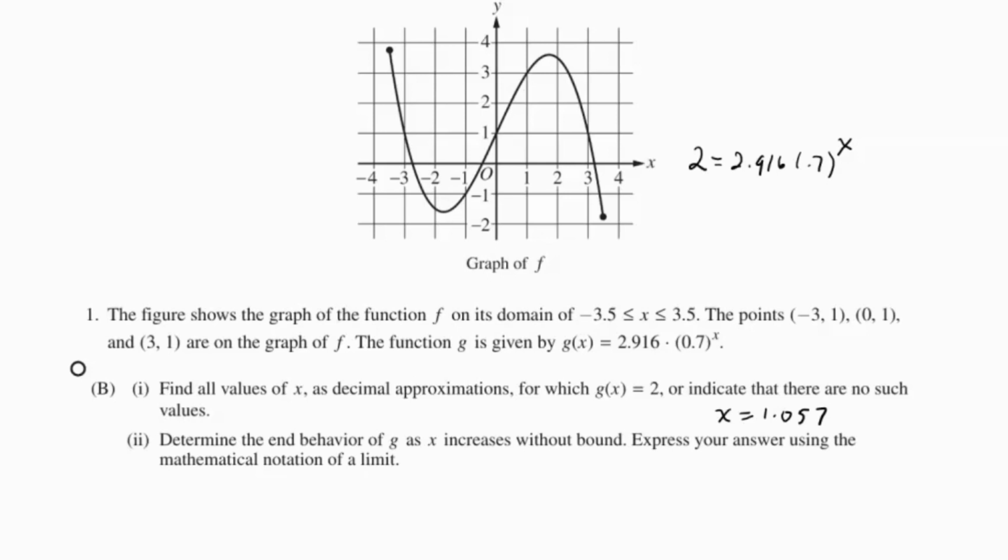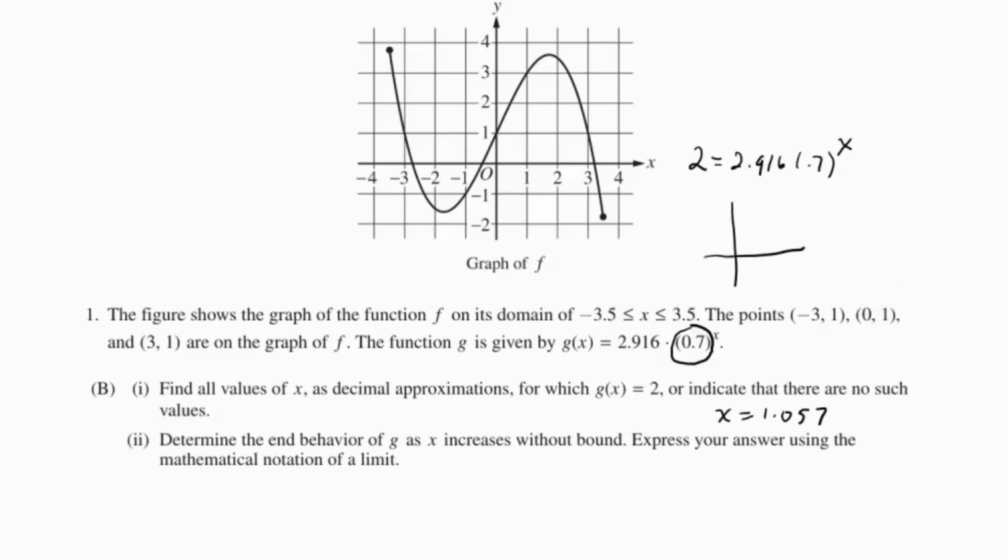Okay, for part 2 on B, determine the end behavior of g as x increases without bound. Express your answer using the mathematical notation of a limit. All right, so when we look at g of x, we can see it's an exponential function. And in this case here, the base lies between 0 and 1. So what's happening is we're going to get exponential decay.